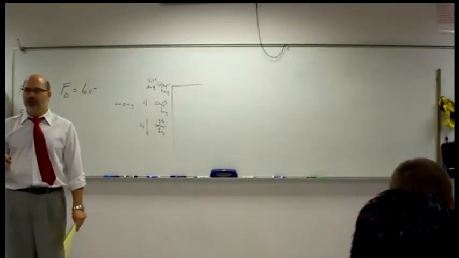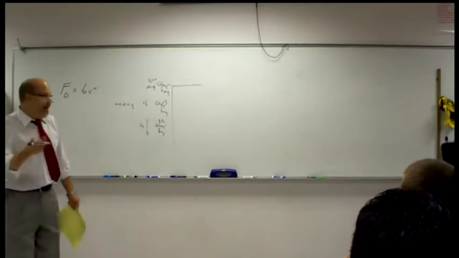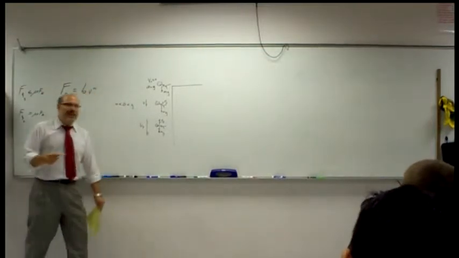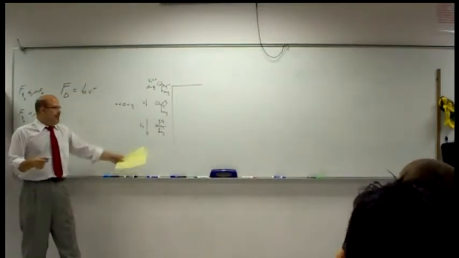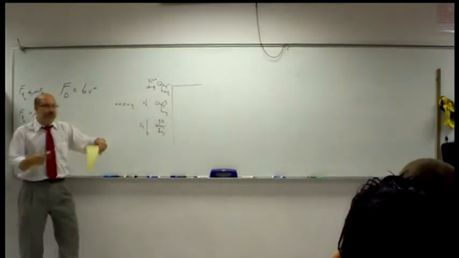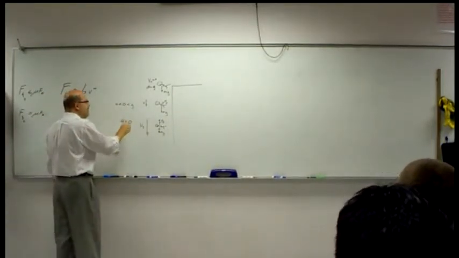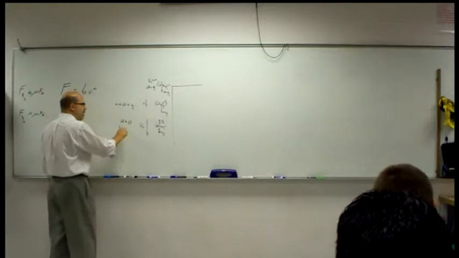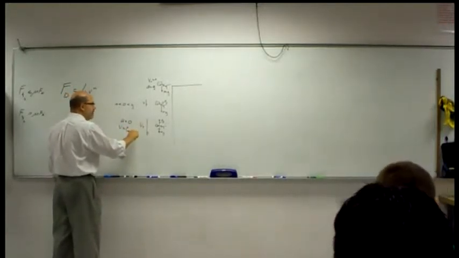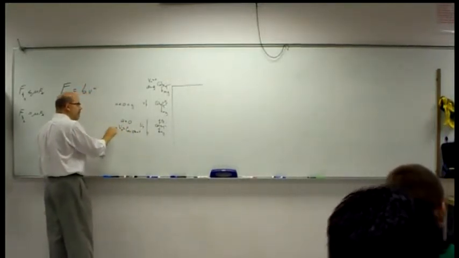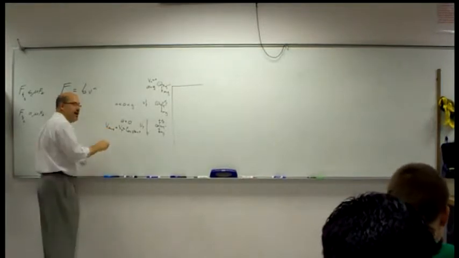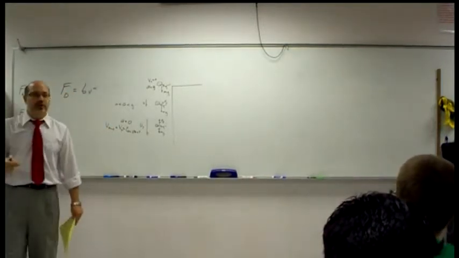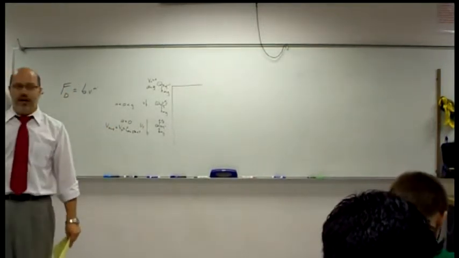You've reached terminal velocity. Are you standing still? No, you have a constant velocity. Are you accelerating? No. Your acceleration now is 0, and your velocity equals constant. It is also the max velocity. That's the max velocity you can attain under those situations.